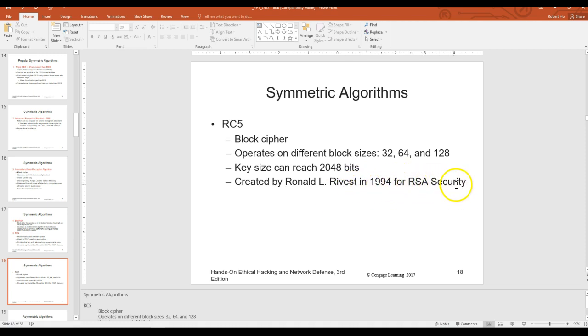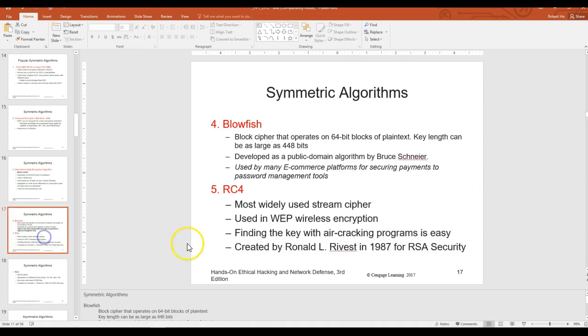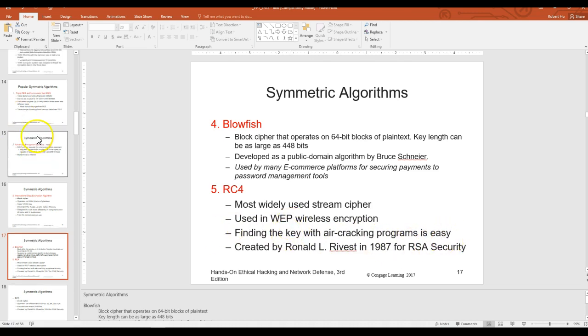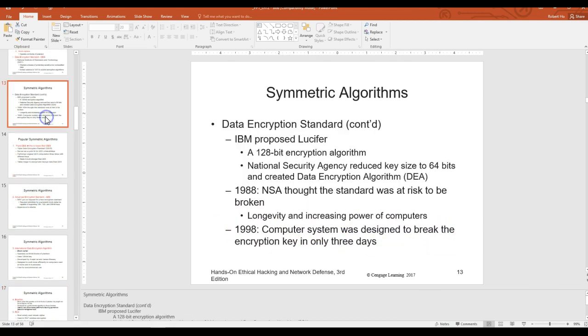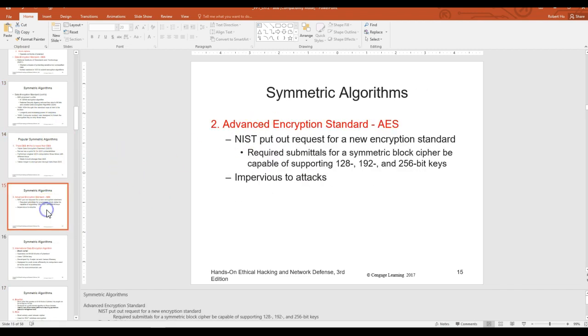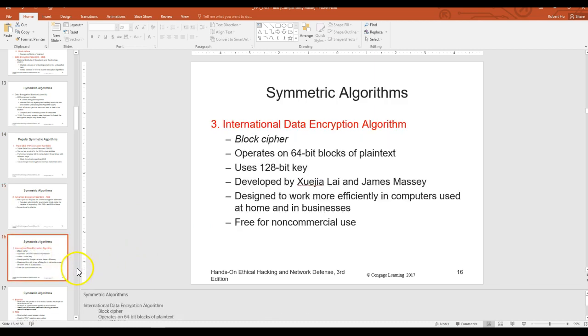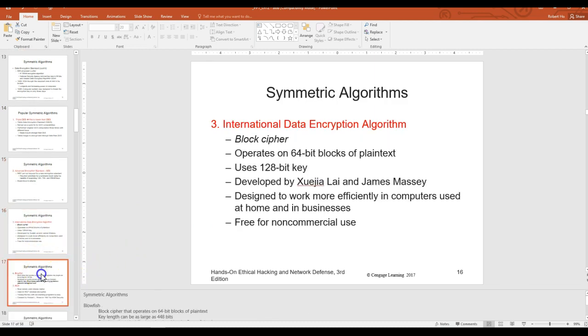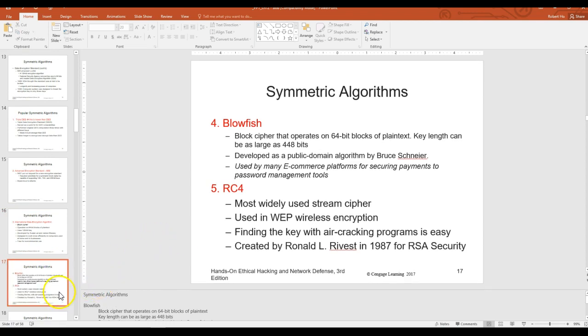It was developed by RSA Security. The predecessor is RC4, which is not good anymore because people can crack it pretty easily. So these are examples of symmetric algorithms: triple DES, Advanced Encryption Standard, International Data Encryption Algorithm, Blowfish, and RC5.